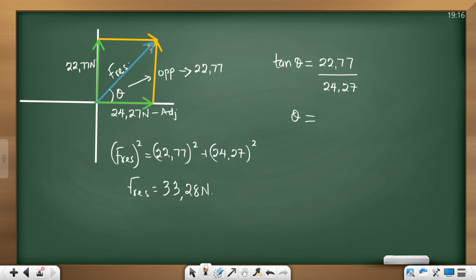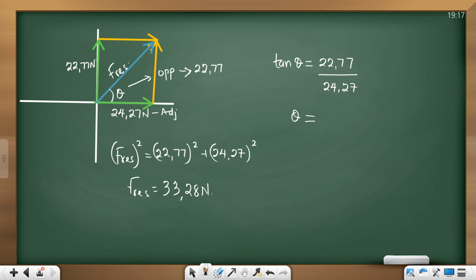Yes, Michelle? At opposite over adjacent, there is adjacent over opposite. What do you mean? So you wrote it as... Oh, okay, looks like I'm wrong again. Sorry about that. Okay.